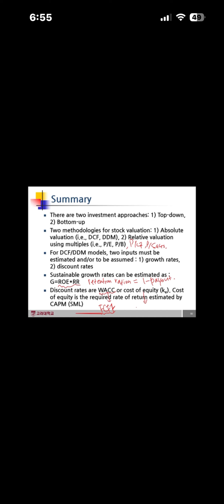So cost of equity is the required rate of return estimated by the capital asset pricing model.